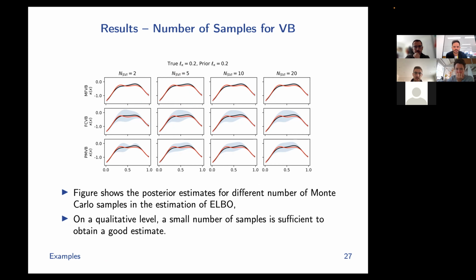We can see that after 5 samples there is not much difference, especially for this precision matrix parametrization, which is the last one. This confirms what people are saying in the literature, where sometimes they even do it with 1 sample.